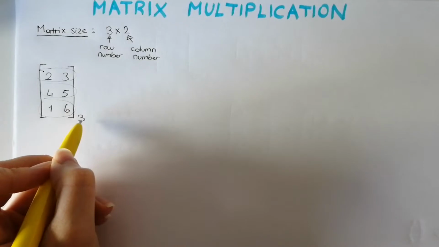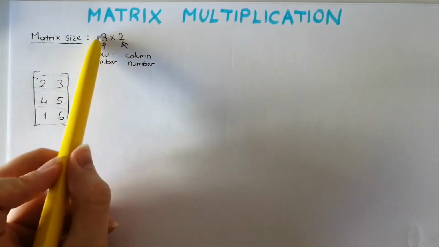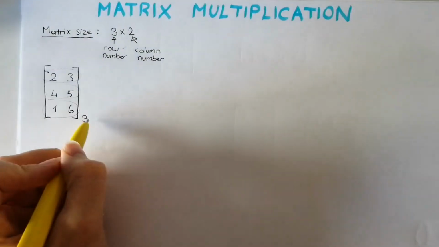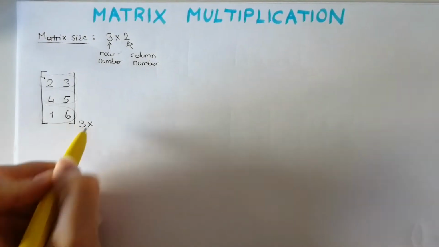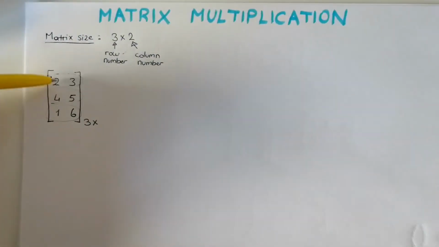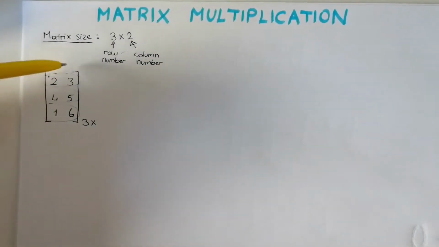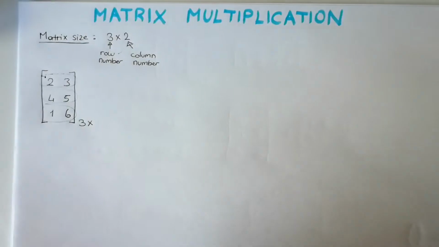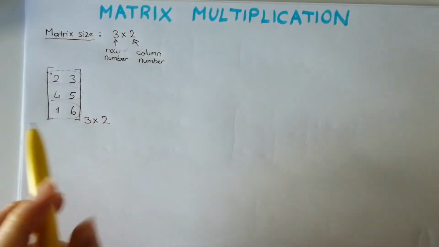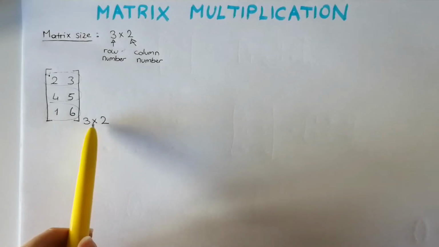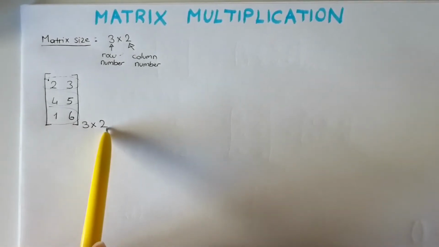The first entry of this representation is the row number, and this matrix has 3 rows. And this matrix also has 1, 2 columns. So this matrix is a 3 by 2 matrix.